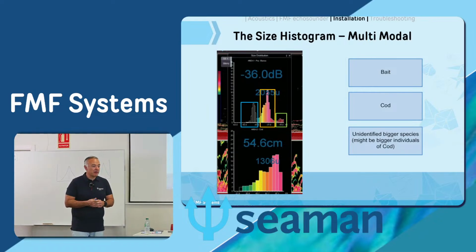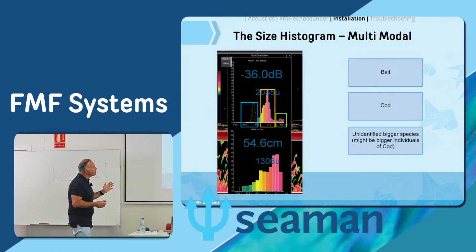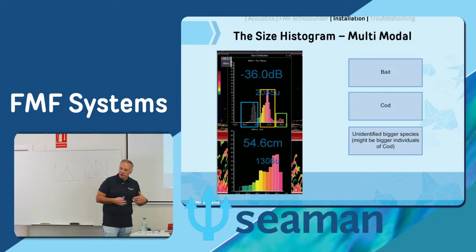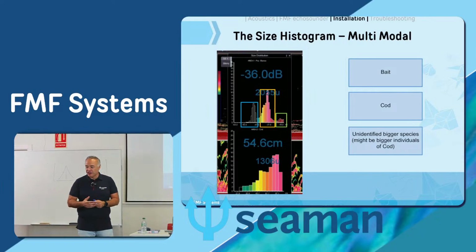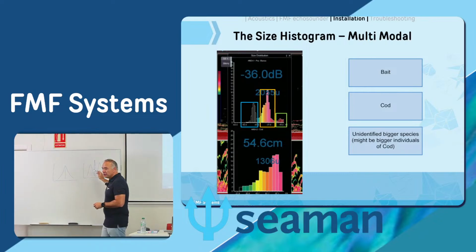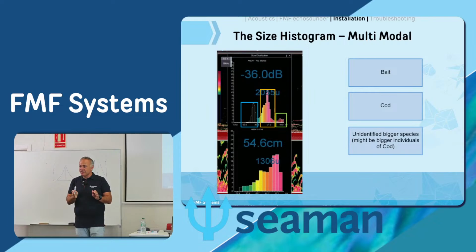So perhaps, when you offer this echosounder, I will start with a simple concept, only one graphic. If we have this problem of the multimode histogram, then we have the vertical lines to solve it.